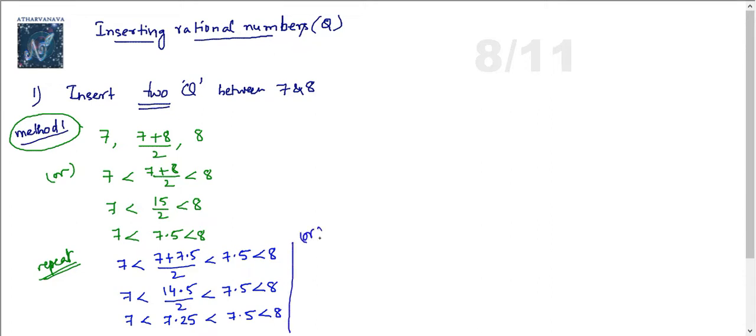Or, if you want the second term, you can do it like this also. Why only 7 and 7.5? You can take 7.5 and 8. Yes, you can do that. You can write 7.5 less than 7.5 plus 8 divided by 2 less than 8. I'm sorry, I am making it a little clumsy.